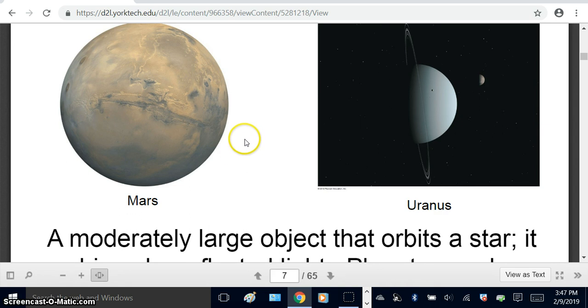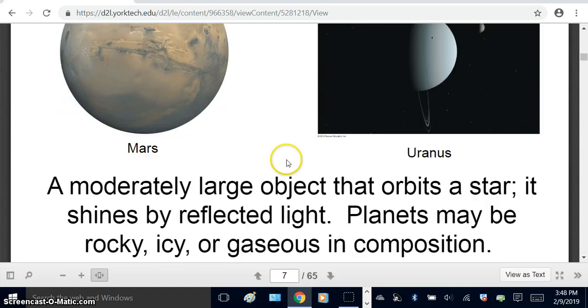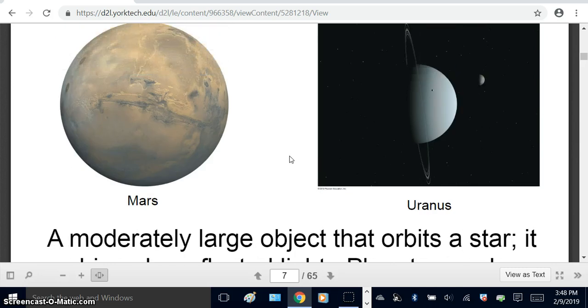Of course, the Sun, and Mars, the fourth planet from the Sun. Uranus. Uranus is actually very interesting. It's a gas giant. It's tilted about 90 degrees with respect to its orbit, like it's leaning on its side. We'll talk much more about that much later in the semester when we get to the outer planets, also known as the gas giants.